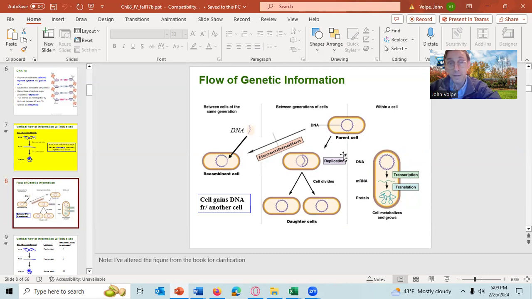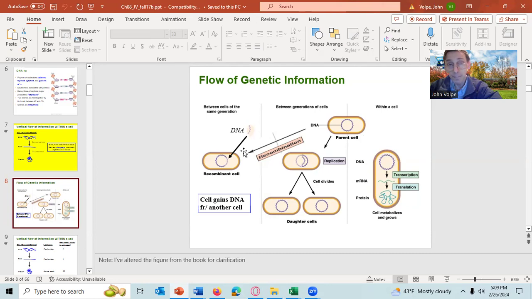If not, let's talk about the flow of information between cells of the same generation. The information leaves a donor cell. Usually, but not always, the DNA leaves this cell after the cell dies. It doesn't have to be, but usually the cell dies, and then the DNA is naked DNA outside the cell.